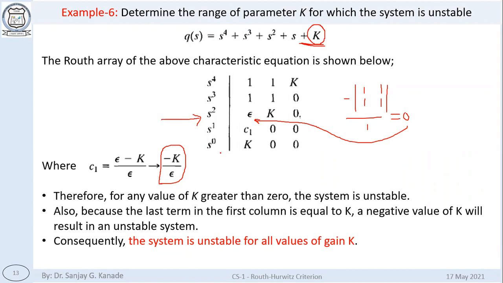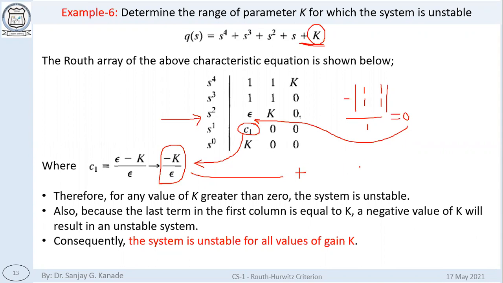At this level I am talking about, I am not going here yet. At this first level, the C1 level, from this itself we cannot say that the system is unstable because k can be negative. If k is negative, this value, minus k upon epsilon, will be positive. So there will not be a sign change.